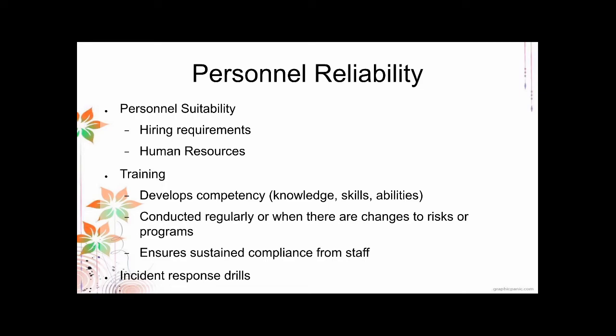And training also ensures sustained compliance from staff, because over time, if you just do training at the start and then you don't train your workers after, they tend to become lax. Even though they're already trained, they tend to become more lax in their procedures. So with regular training, every year, you can ensure compliance from them. How do you ensure compliance?